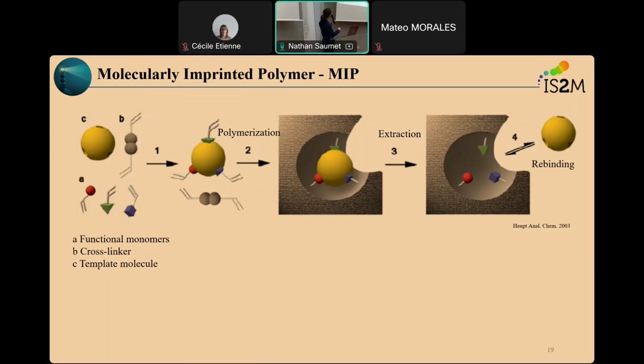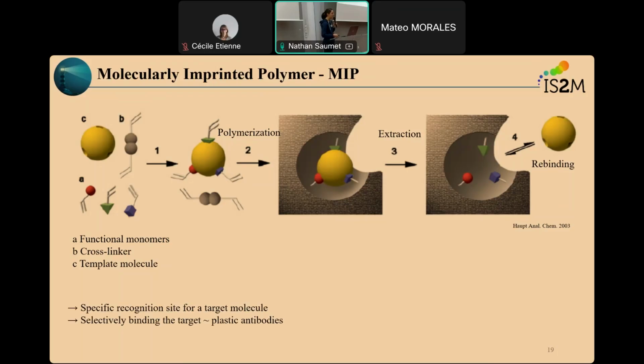The cross-linking is rigid enough to really stick the target here. So when we remove the imprint, we will have a hole, which will be able to recognize the right molecules due to the fact that the cavity, which is now empty, has the size, the shape, and the chemical functionality complementary to those of the target molecule.